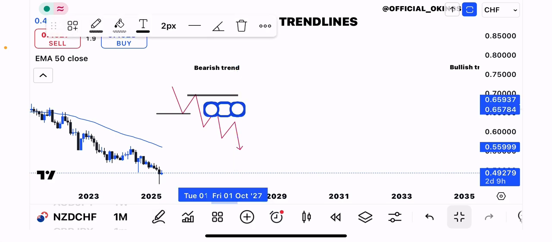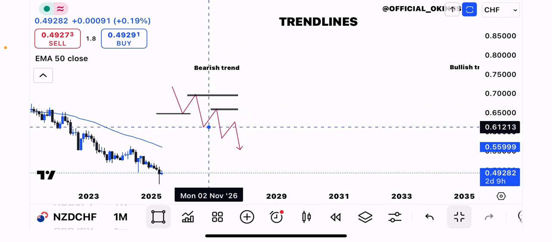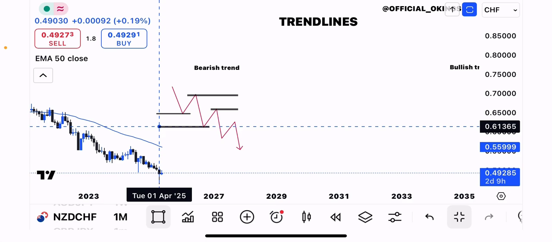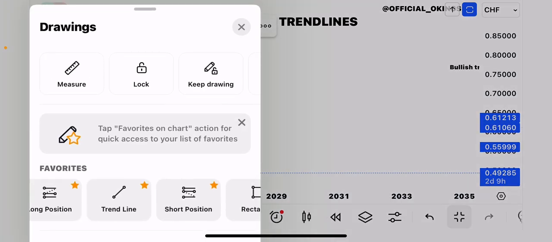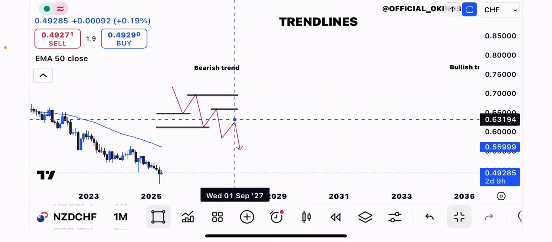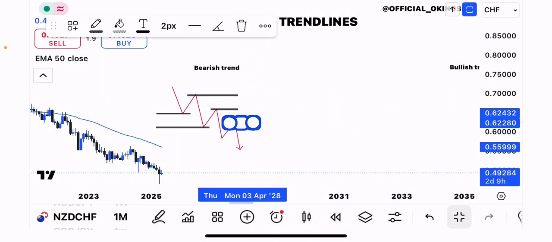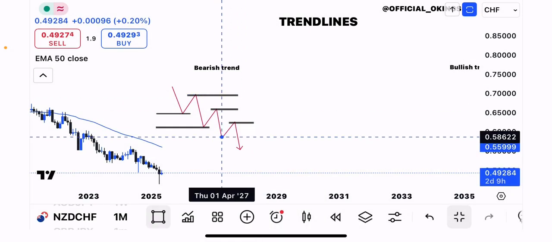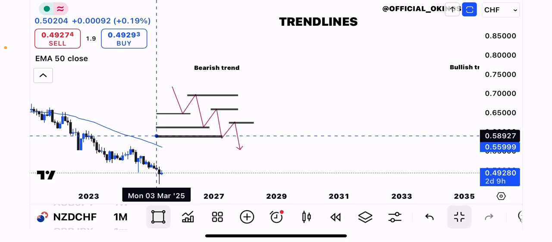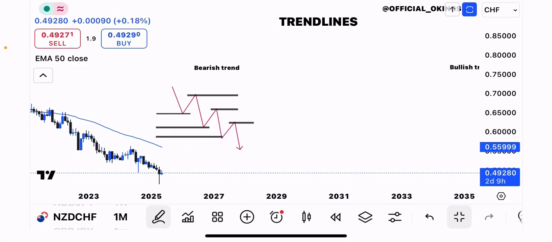This is our support, our lower low support. So it keeps on going on and on. The highs are always the resistance and the lows are the support, because the highs, the resistance, always push the price down, while the support pushes the price upwards.